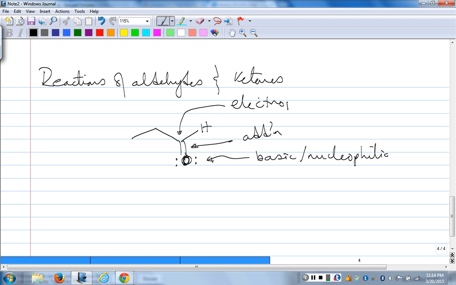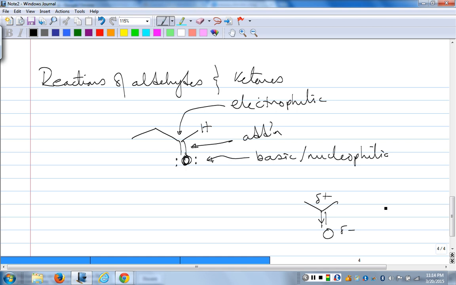And it's a good electrophile for a couple of reasons. One is that the sigma bond connects the more electronegative O to the carbon, and as a result, electrons drift from carbon to O, and so there's a dipole that's created.